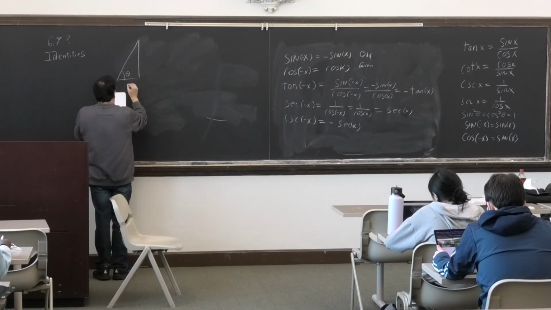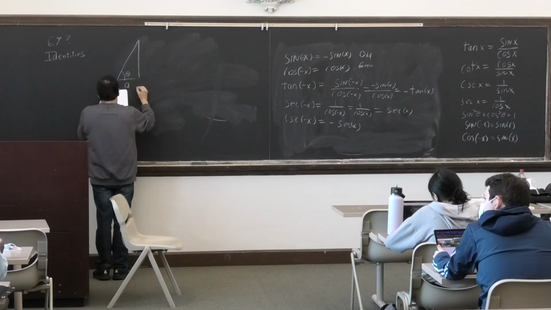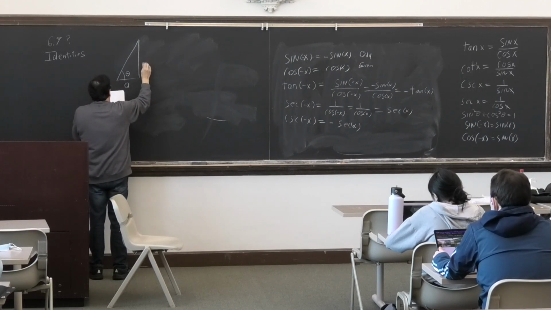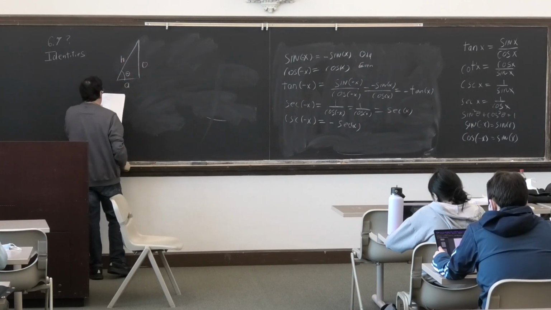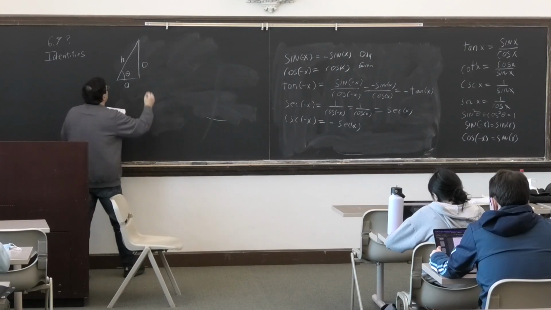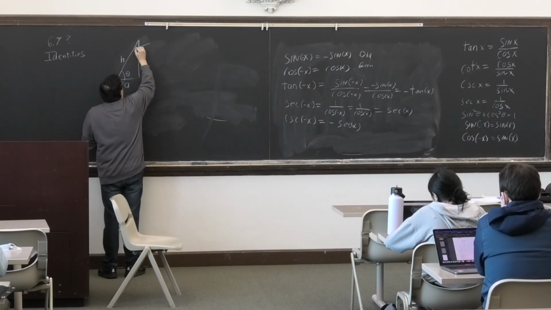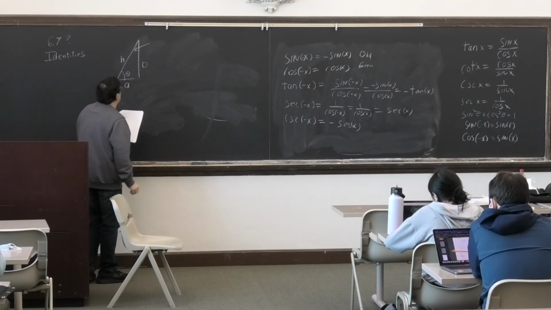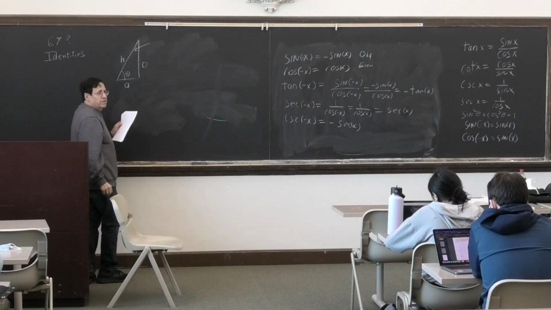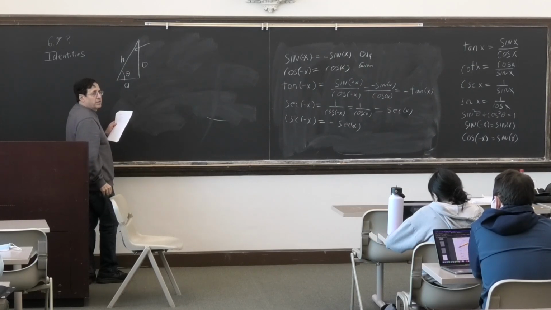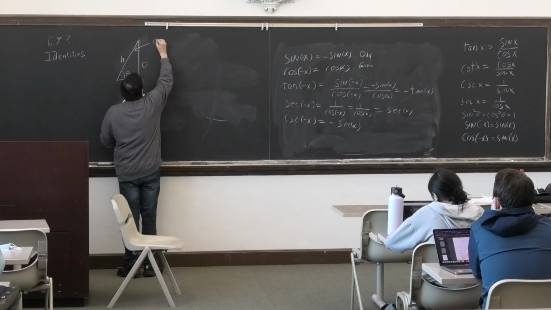We have theta, adjacent, opposite, hypotenuse. What do we have here? We have an angle. This is the complementary angle.